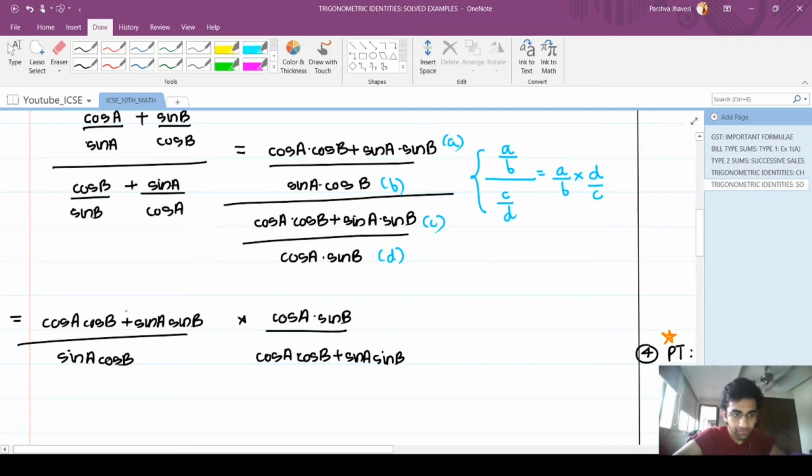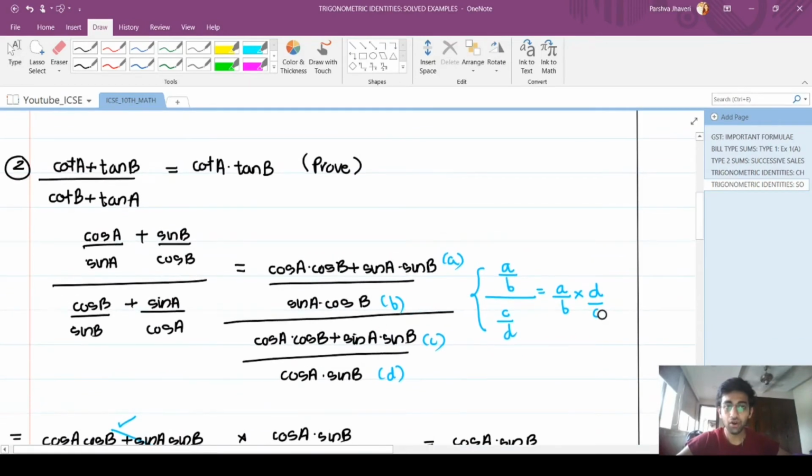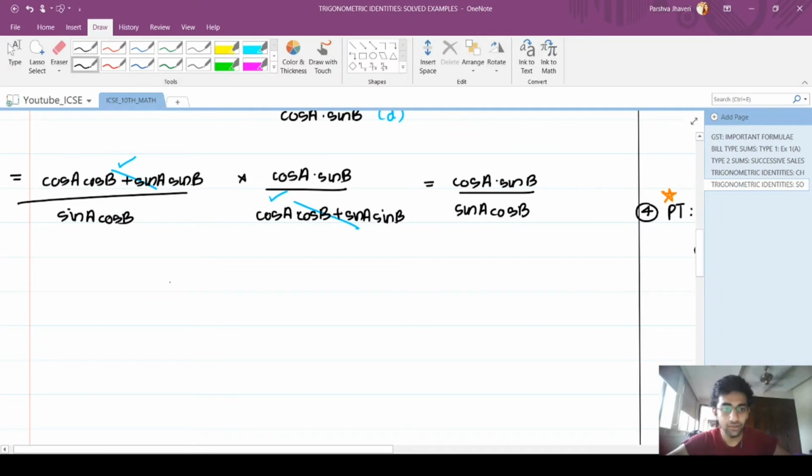Now, very simple. If you notice, this term and this term are the same, so they get cancelled. And all we are left with is cos A sin B upon sin A cos B. Now, let's take a breather and look at what we want in the RHS. RHS is cot A into tan B. Can you see cot A?